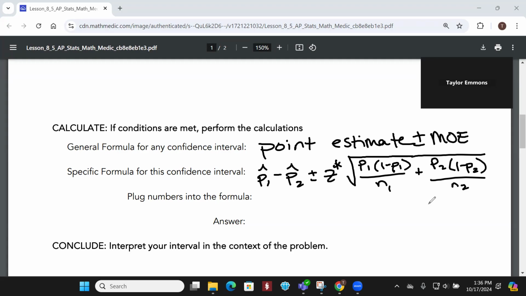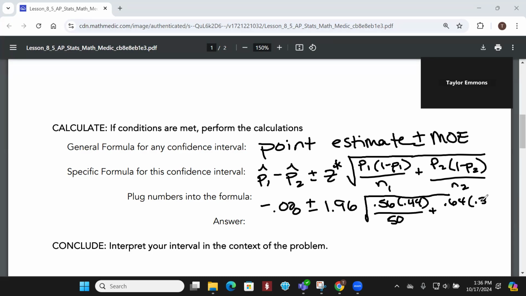If we plug all of our numbers into our equation, we get negative 0.08 plus or minus 1.96. Remember, that came from the inverse norm. We plug in the rest of this: 0.56 times 0.44 over how many juniors? 50, plus 0.64 times 0.36 over 45.